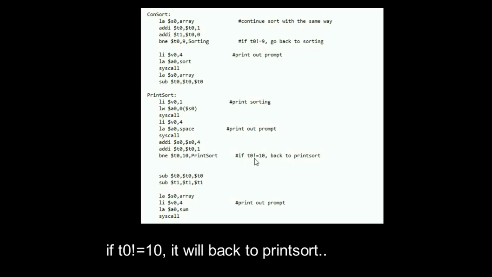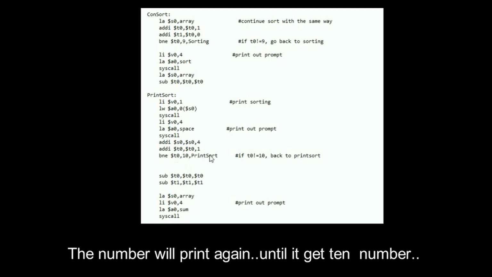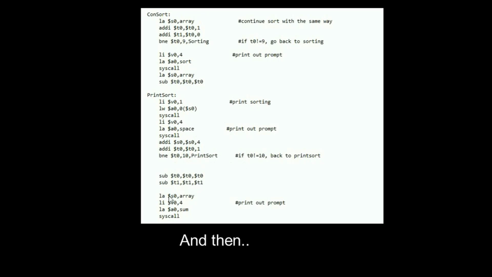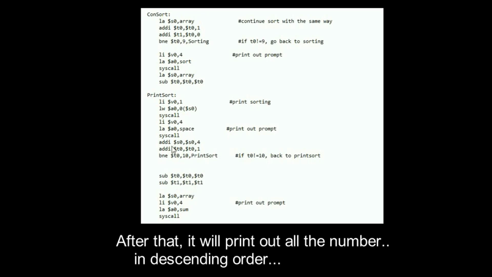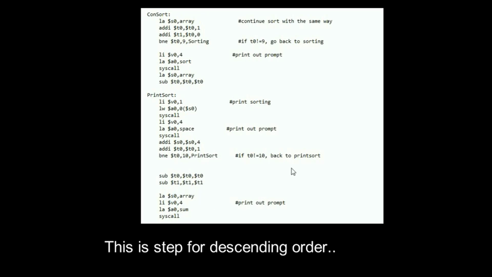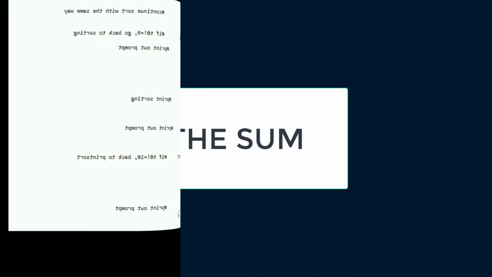If T0 is not equal to 10, it will go back to print sort, which means the numbers will print again until it gets 10 numbers, and then after that, sub $T0, $T0, $T0, and then after that, it will print out all the numbers in descending order. Alright, this is it for descending order.